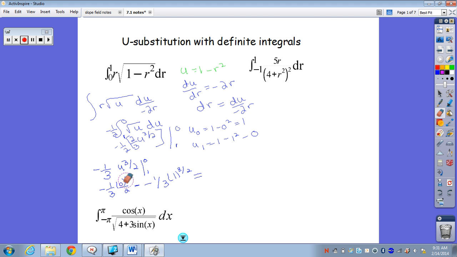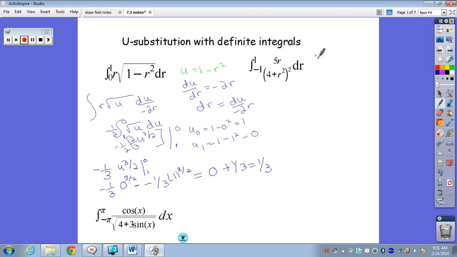I wrote that wrong. Let's just fix that. It should be 0 raised to the 3/2. There we go. So 0 to the 3/2 is 0, so I get 0, and then 1 to the 3/2 is 1, and I get minus a negative, so that's plus 1/3, and then my answer gives me 1/3. So it's exactly the same as what we did before, and I said this is actually good practice because we're just practicing with integrals for the test.